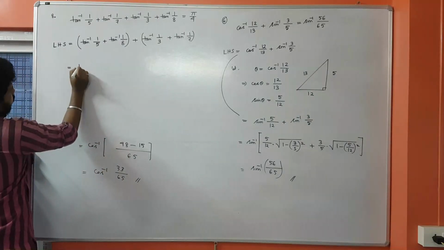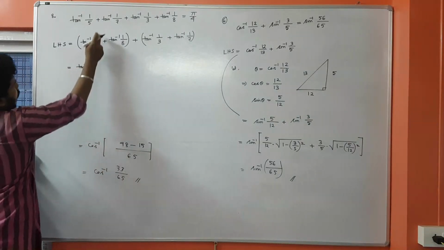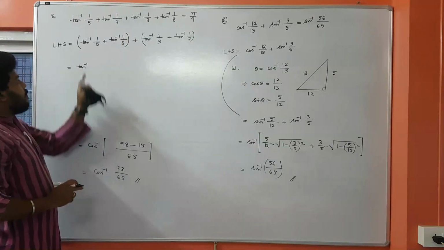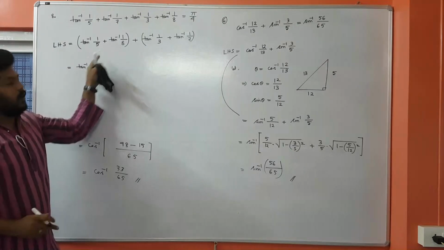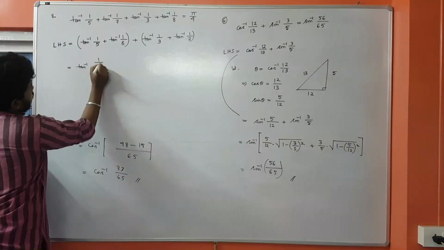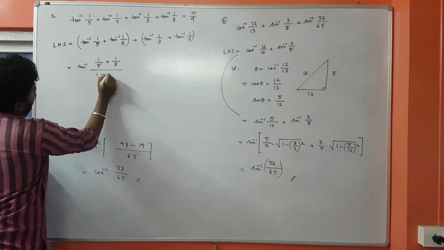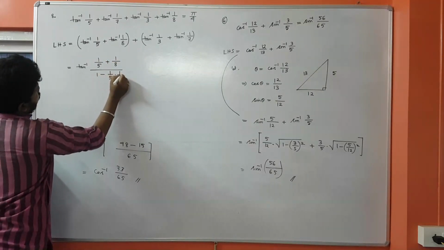This is tan inverse of 1 by 5 plus tan inverse 1 by 8. Find their product, it is less than 1. We can apply tan inverse of (1 by 5 plus 1 by 8) over (1 minus 1 by 5 into 1 by 8).